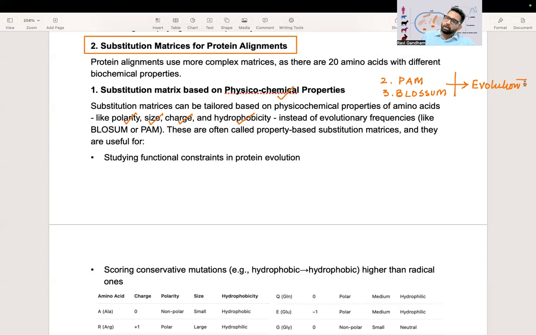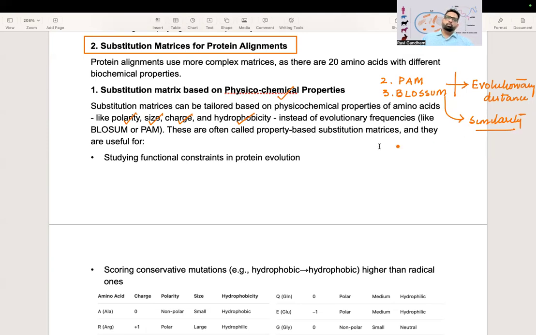However, the most important thing, PAM is only considered to be the evolutionary distance matrix for sure, whereas BLOSUM, though it measures evolutionary relationships, the basic fundamental behind estimating these relationships is looking into the similarity between the amino acid sequences.